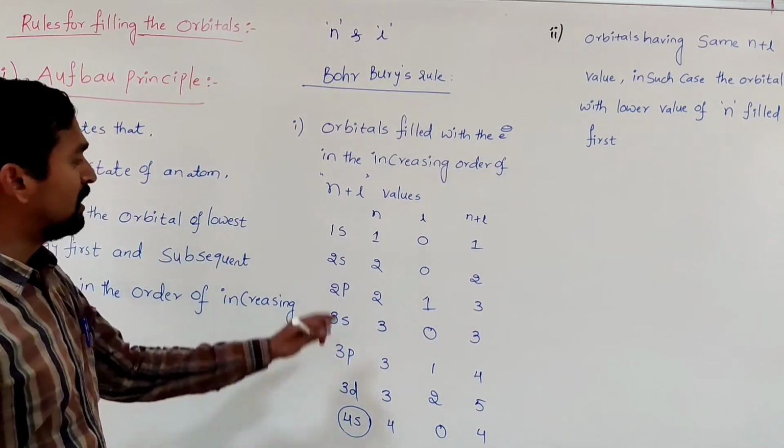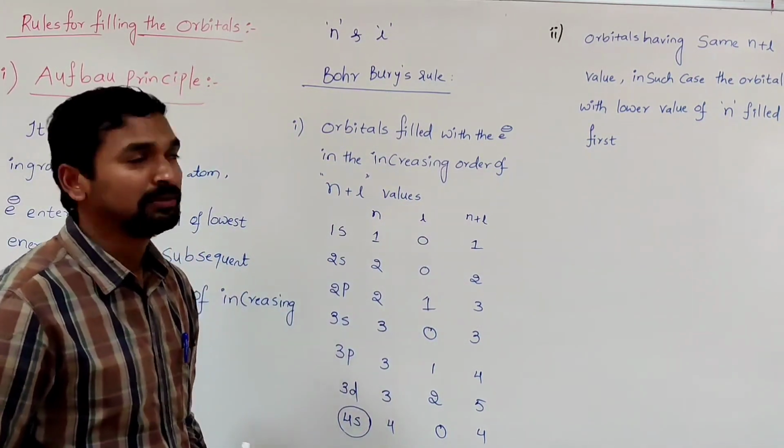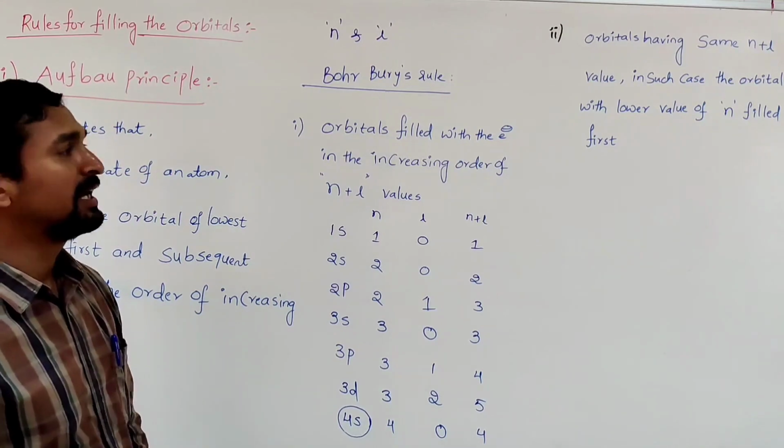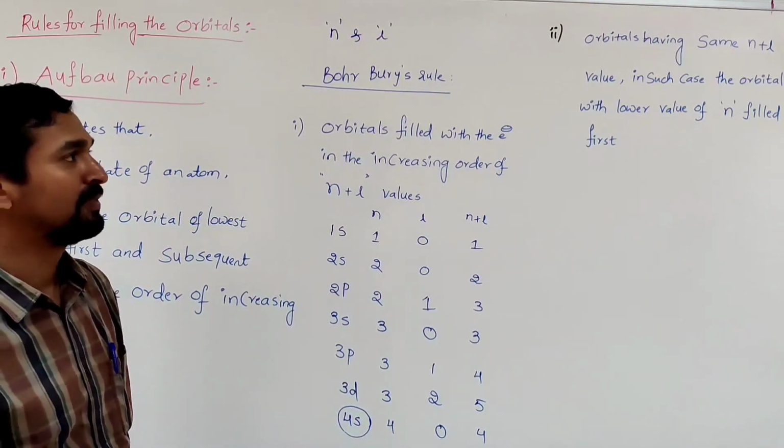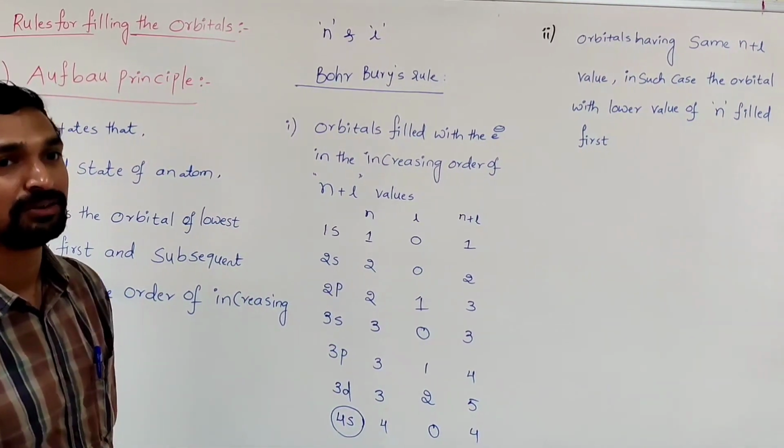So suppose while you are calculating the n plus l value, if two orbitals are getting the same n plus l value, then in such cases what we have to do?